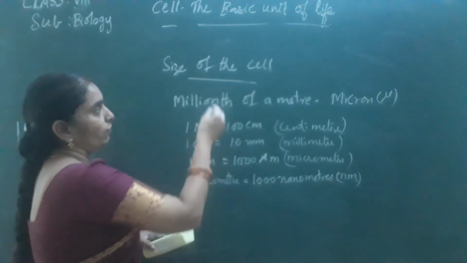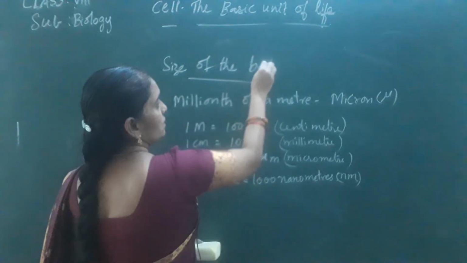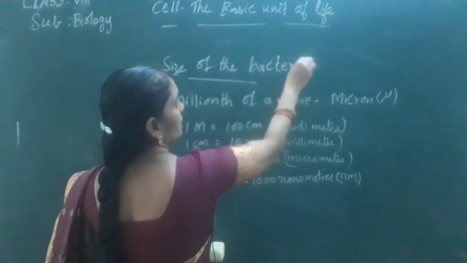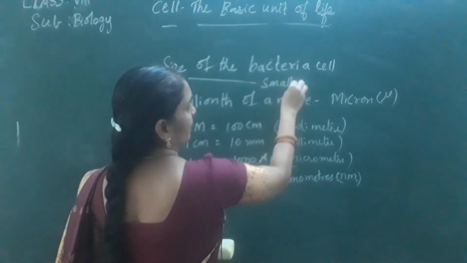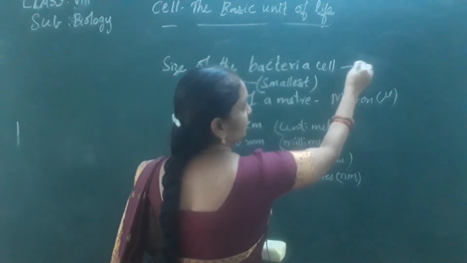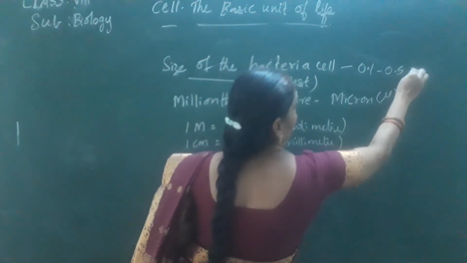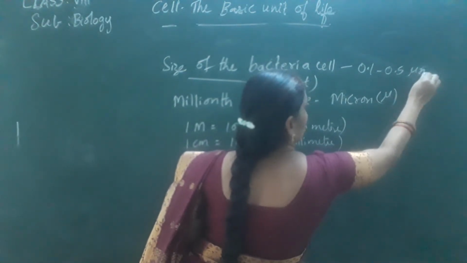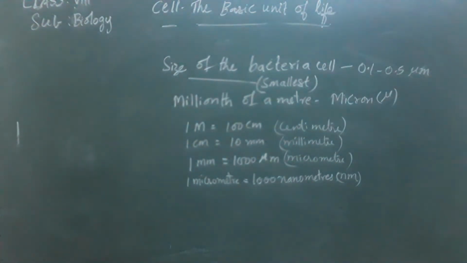The size of a bacteria cell is the smallest one. It ranges between 0.1 to 0.5 micrometers. Note down.